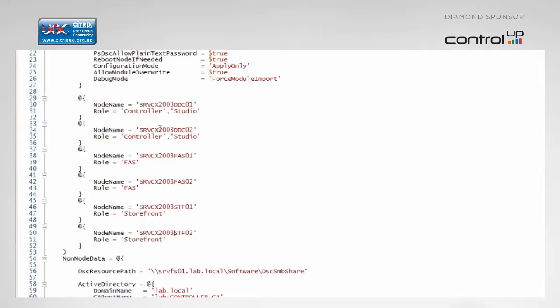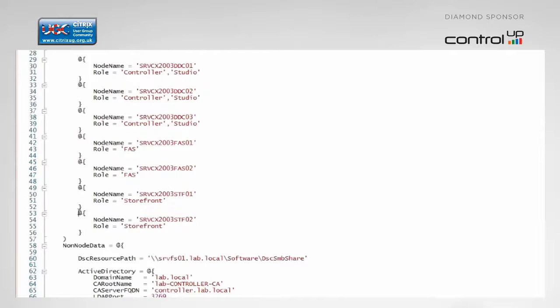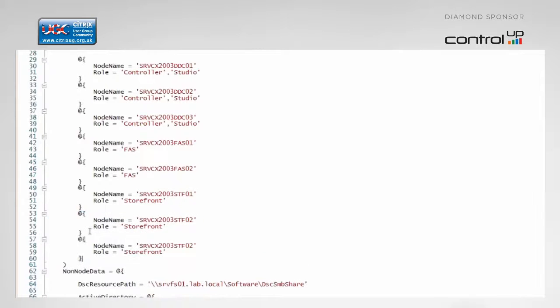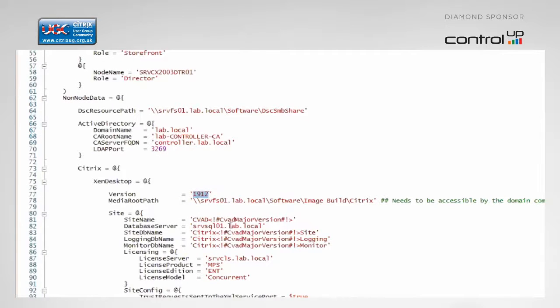But for instance, in here, I may say I actually now want 3 delivery controllers. And I may say I want Director on a node as well. And then down here, I need to update all the references. This is the version number that's used in all of the naming conventions.